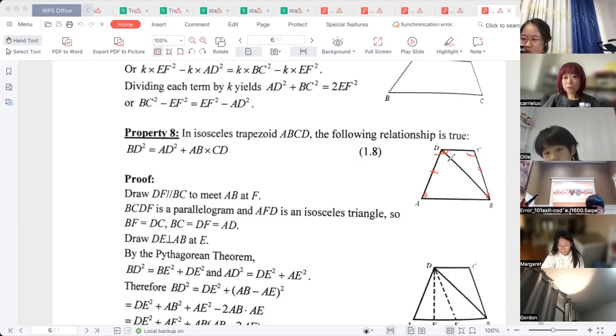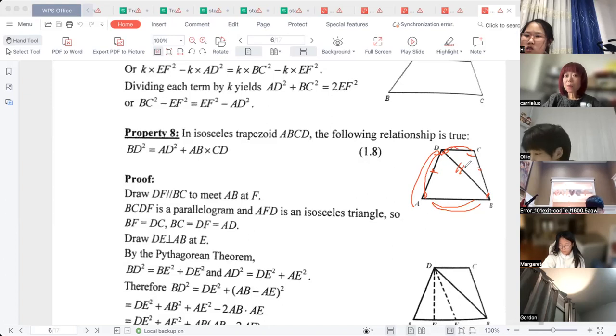So we have a relationship for BD, which is the diagonal of this trapezoid, equals AD squared plus AB times CD. 好，接下来了，这一条的平方，the square of BD equals AD squared plus AB times CD.